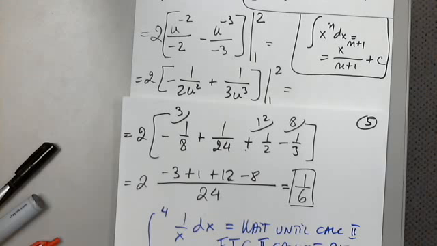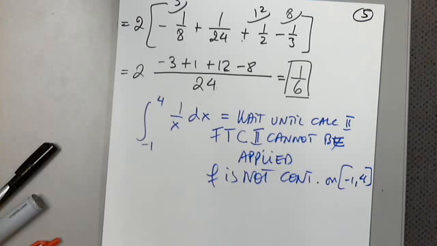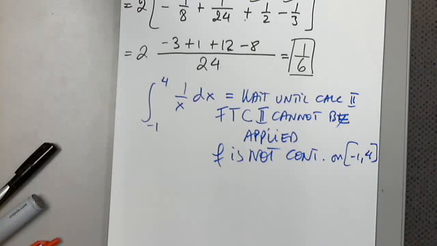The function is not continuous on the interval -1, 4. This is an improper integral, and we have to talk about the convergence. It's a different story. So please commit to memory: every time we see a definite integral, what do we need to check first? That the function is continuous, is defined on that interval. So please remember that.